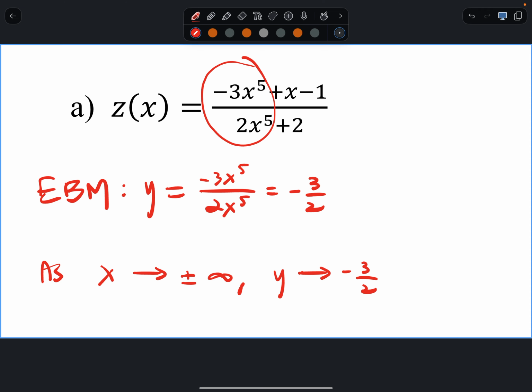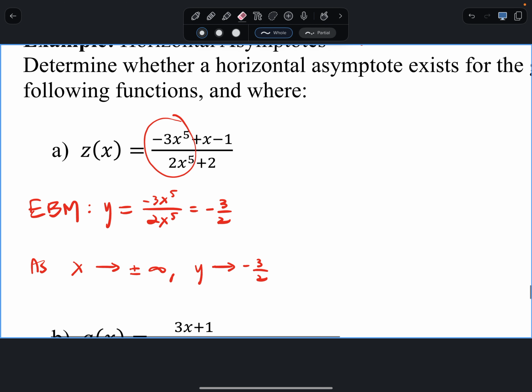And as x approaches positive infinity, y is approaching positive infinity. y is not approaching a finite number, which means h of x does not have a horizontal asymptote. No horizontal asymptote. Okay, and that's why it's not approaching a number.